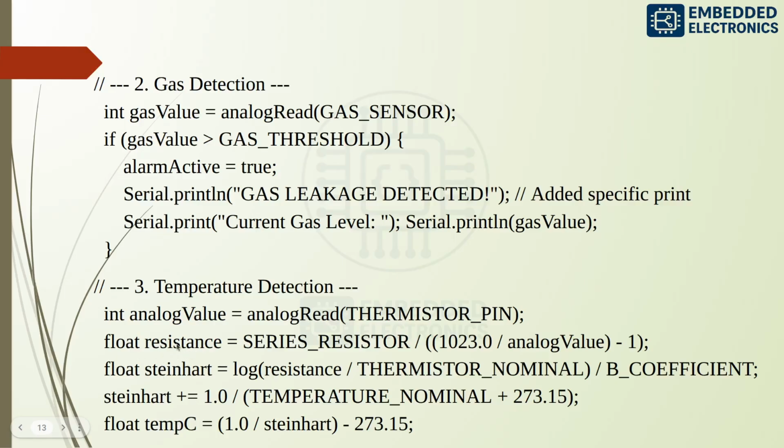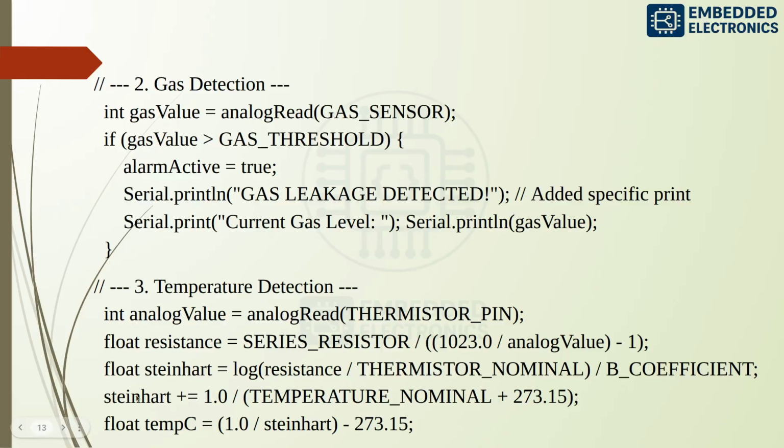first we get the value of resistance. After that, by using the value of resistance, we find the value of Steinhart. Then Steinhart equals Steinhart plus 1 divided by temperature nominal plus 273.15.